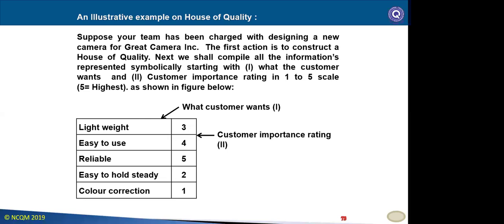So you have to approach your key customers. For example, if manufacturing companies are supplying a consumer durable product, then they know who the customers are. Housewives, for example, are the key customers who use consumer durables, and they will be able to give the requirements properly, not otherwise.